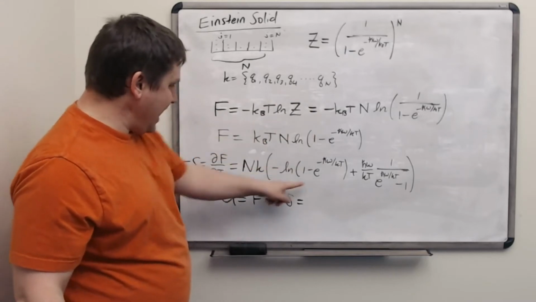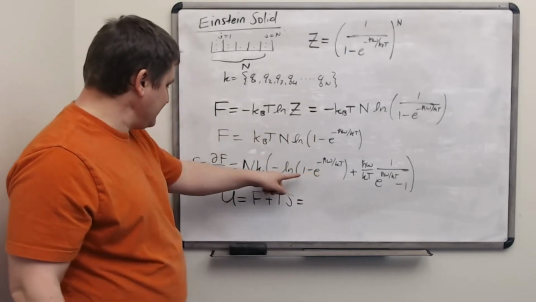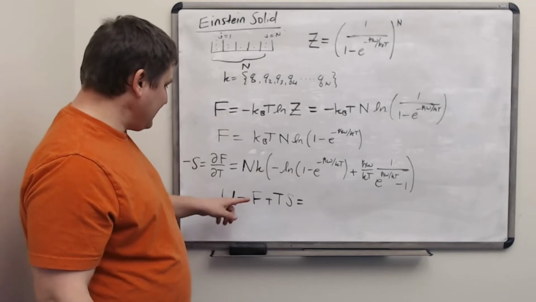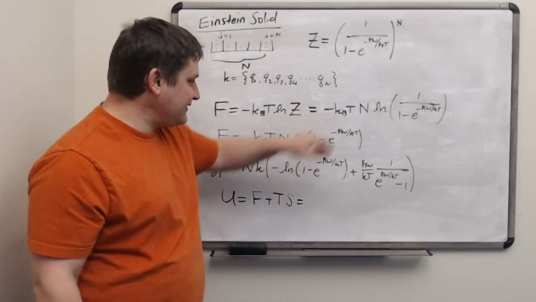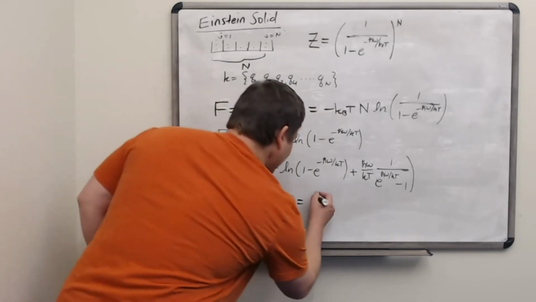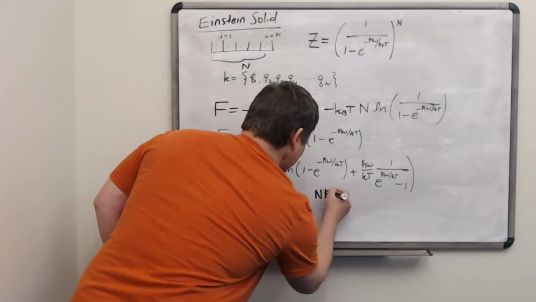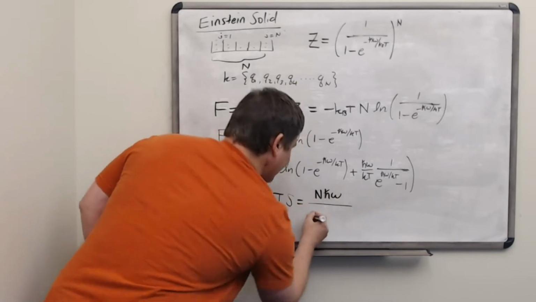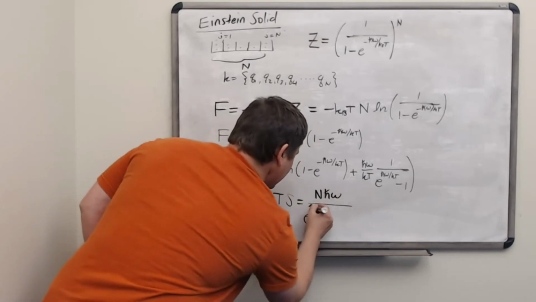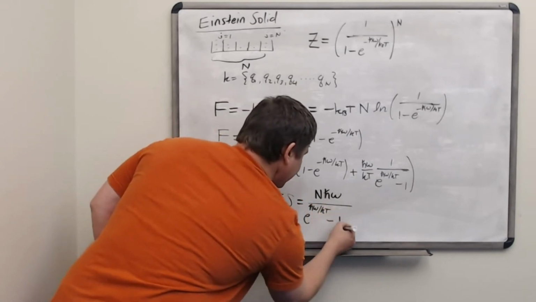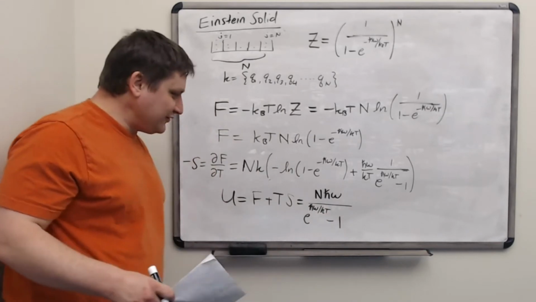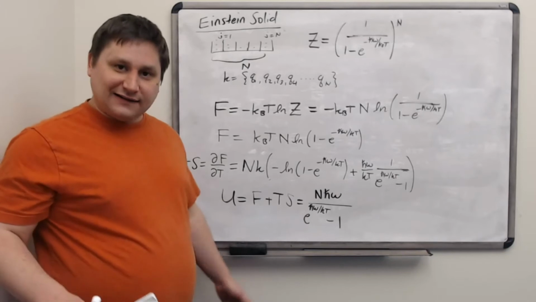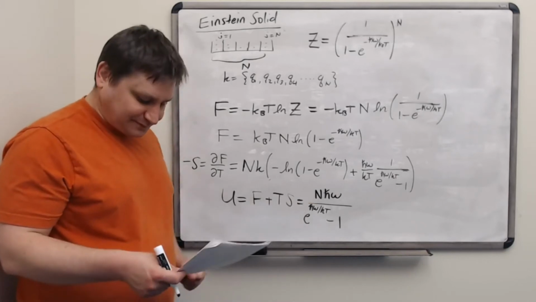Here's S down here, well, minus S. So if we were multiplying this by T and adding these together, these two first terms would cancel, and then we would just end up with N h bar omega over this fraction. So E is N h bar omega over e to the h bar omega over kT minus 1. Okay, and that's our old expression for the internal energy of this Einstein solid in terms of temperature.